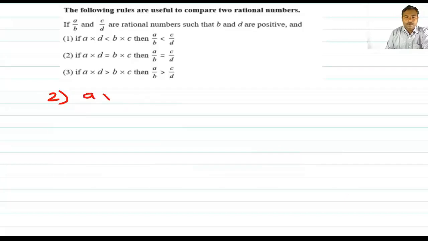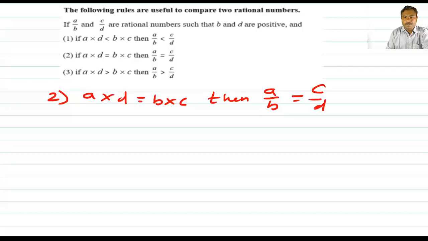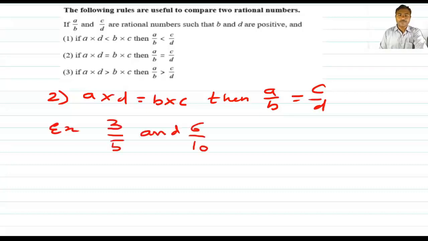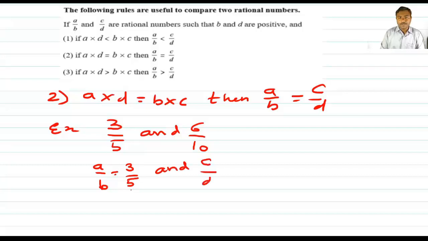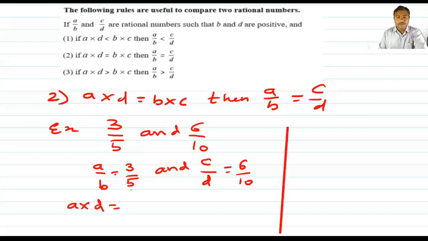Second rule: if A multiplied by D is equal to B multiplied by C, then A upon B is equal to C upon D. For example, 3 upon 5 and 6 upon 10. Here A upon B is equal to 3 upon 5 and C upon D is equal to 6 upon 10. Here A multiplied by D is equal to 3 multiplied by 10 is equal to 30.